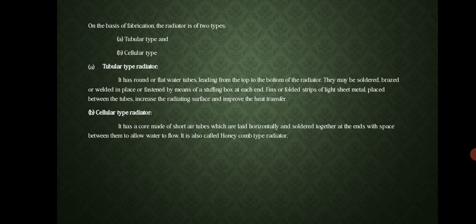On the basis of the fabrication, the radiator is of two types, tubular type and cellular type.